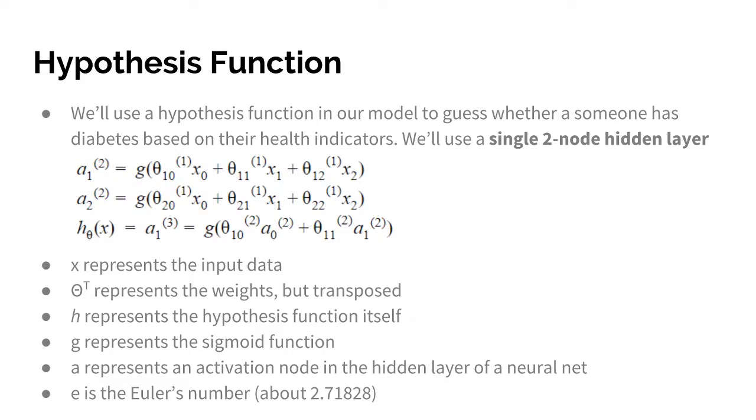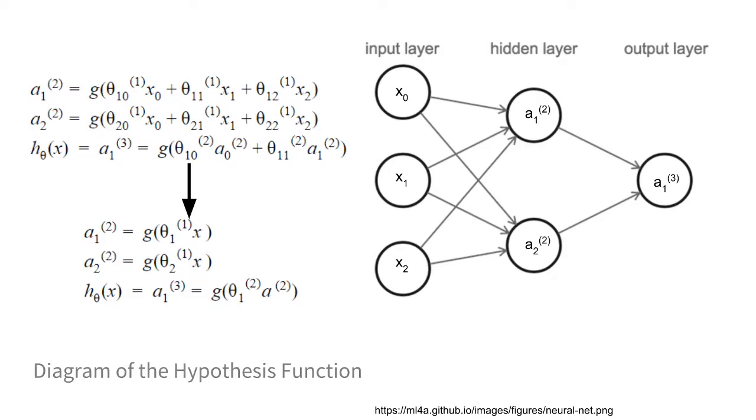We do the same multiplication, we put it through the same sigmoid function, and now we have a value for our final layer output. And this is also equal to our hypothesis function. That was a lot of talking, and hopefully this diagram will clear things up.